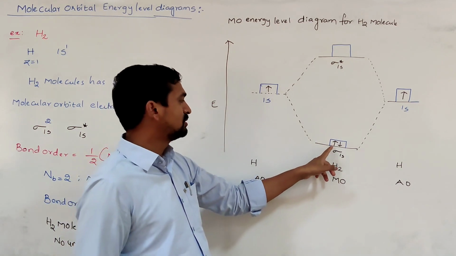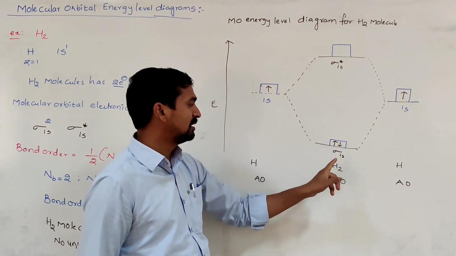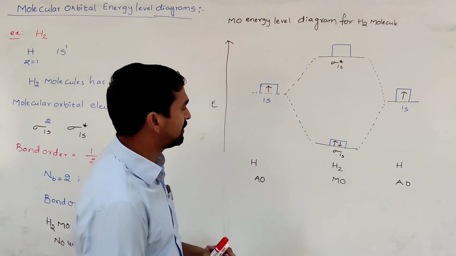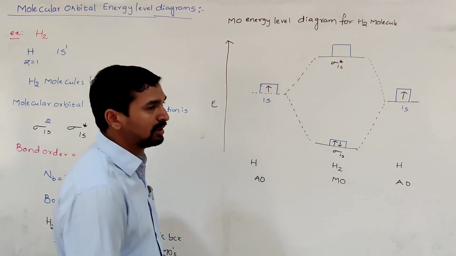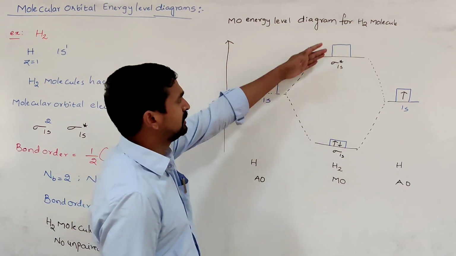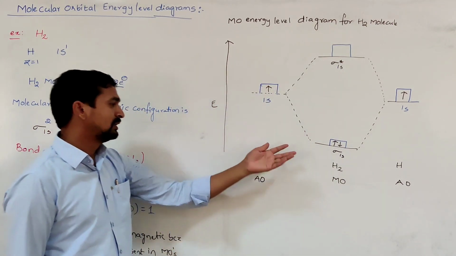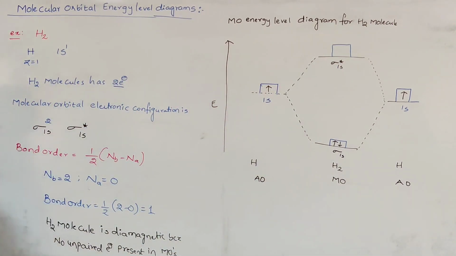First the electrons go to the bonding molecular orbital. Here only two electrons are there. The two electrons are filled in the bonding molecular orbital sigma 1s with opposite spin according to the Pauli exclusion principle. And in the anti-bonding one no electron is present. If there were any electron, you could fill it in this one. So this is the energy level diagram for the hydrogen molecule.